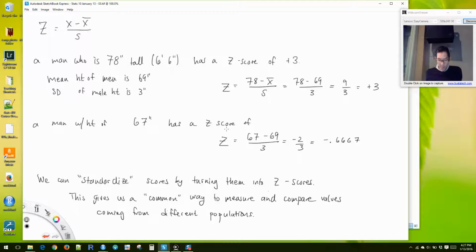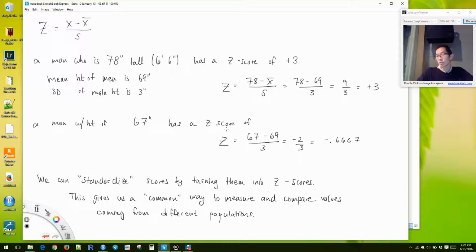However, if we were talking about something else, like a person with one test score or a person with a different test score, you can turn them into Z-scores, and so rather than having to rely on your own mental intuition about the center and spread, you can just use a Z-score.